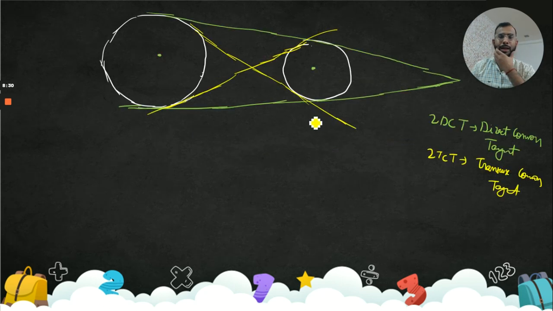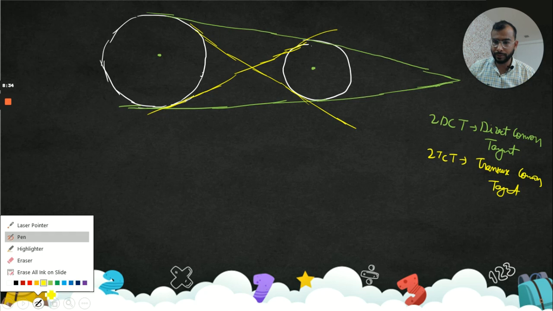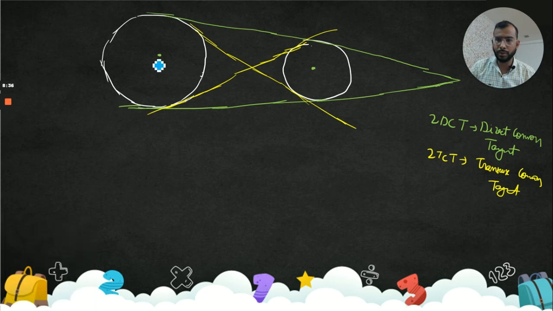Okay, now what is the first condition? Let's first draw the diagram a little. This is C1, the center of the first, the center of the second, and the radius of this is R1, and consider this is radius R2.